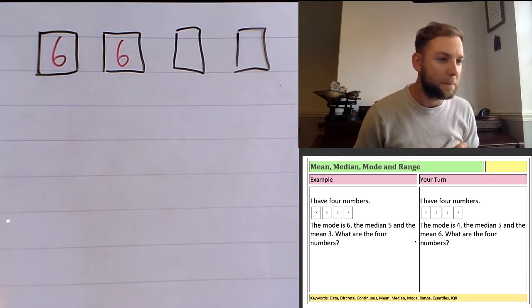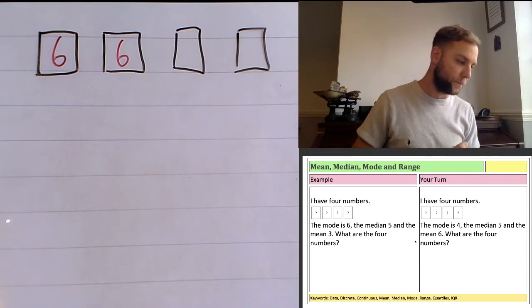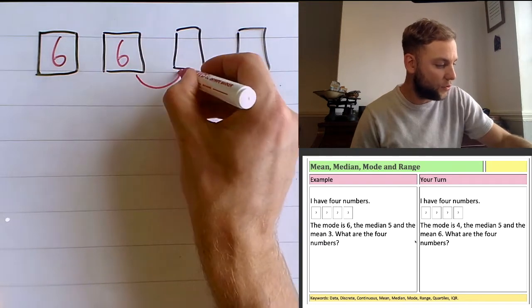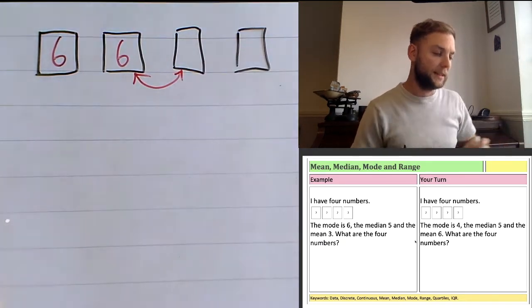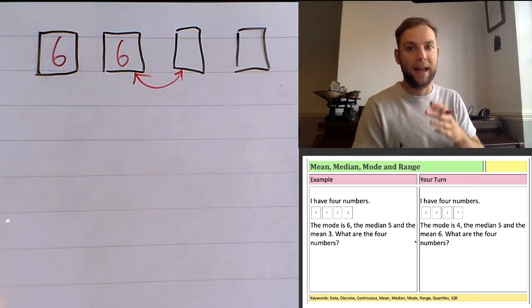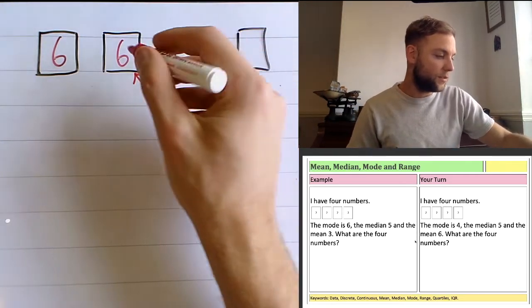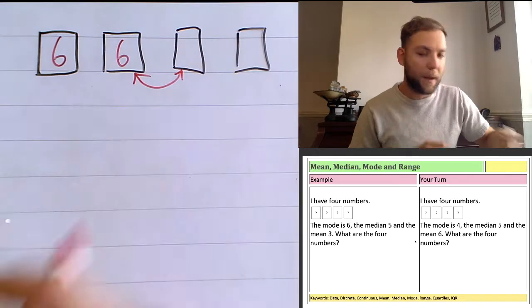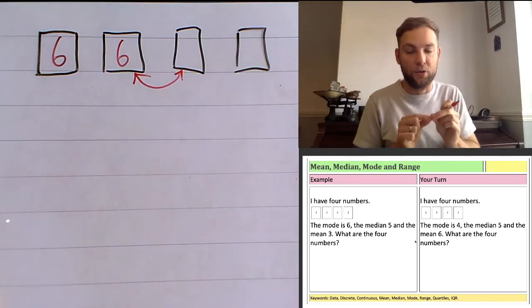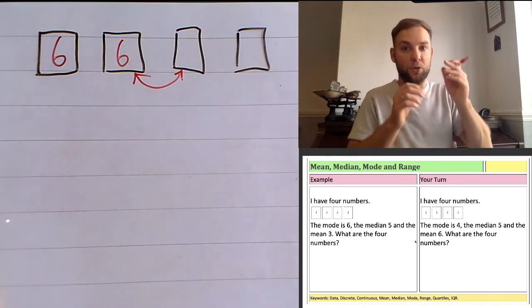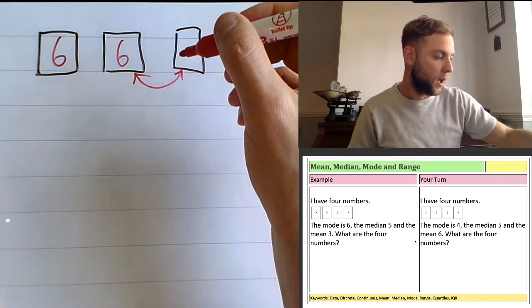I know that the median is equal to 5. So if I know that the median is equal to 5, I know that these 2 numbers here in the middle need to sum together to make double that. Okay, we're working backwards here. So remember we added these together and divided by 2. So if we want to work backwards, we need to times our median by 2 and see what they sum to.